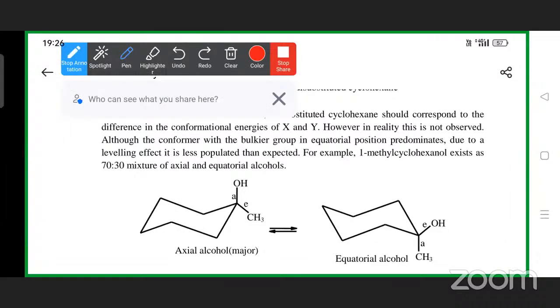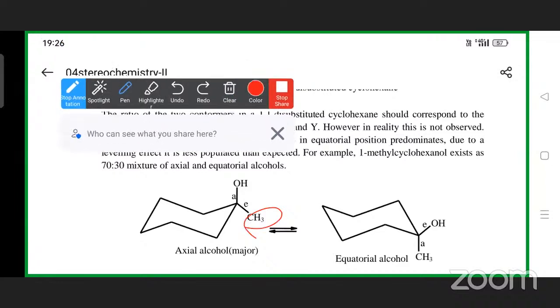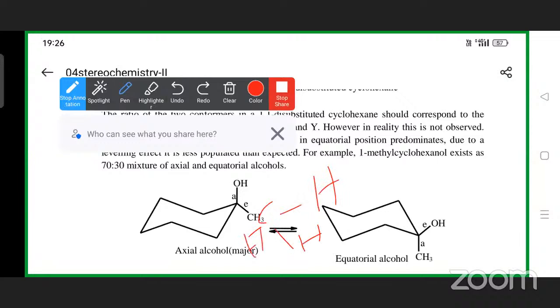Here you see these methyl groups, so we can expand this. These are away from them.